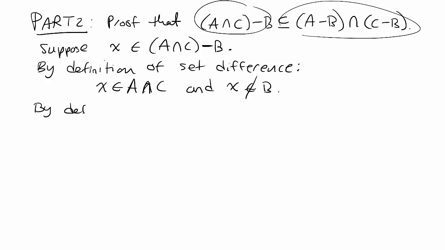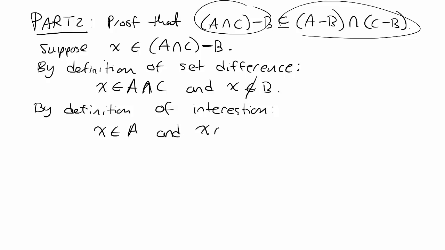So by definition of intersection, X is an element of A, and X is an element of C. And you still have this part, so copy that down. And X is not an element of B.